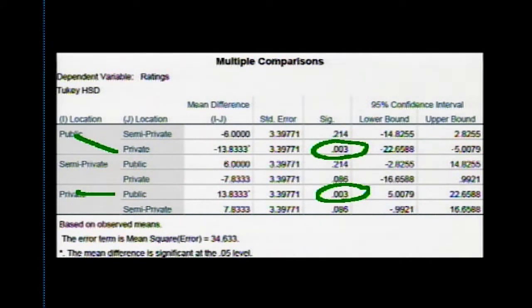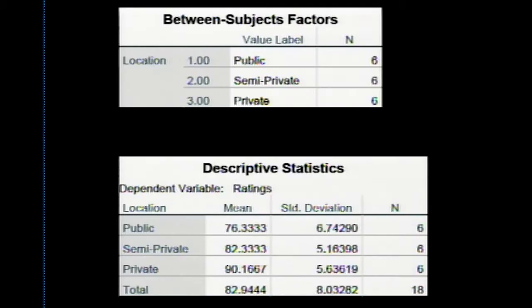And so the great part about the Tukey post-hoc comparison is that it allows us not just to know there are differences like the ANOVA model, but it specifically tells us where those differences are. Now remember, our original research question was the following: will ratings of mediation effectiveness differ according to mediation session location? And we found one significant difference, and that showed up in the F ratio box, and then we also saw specifically which ones.